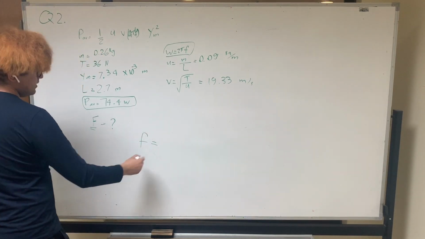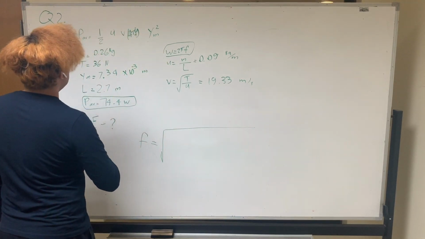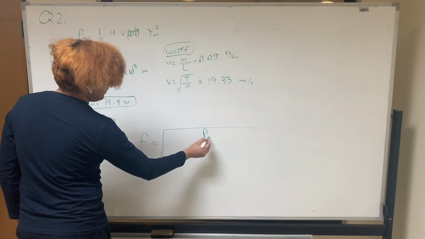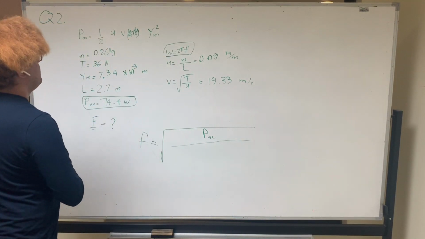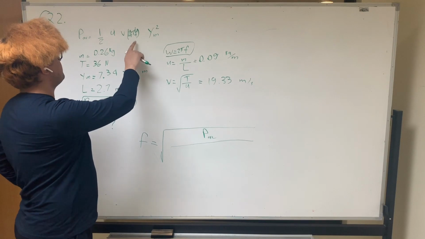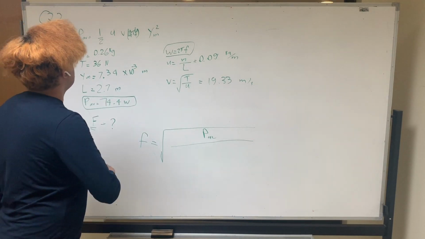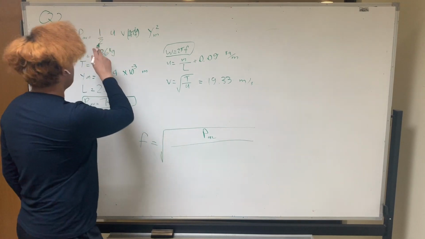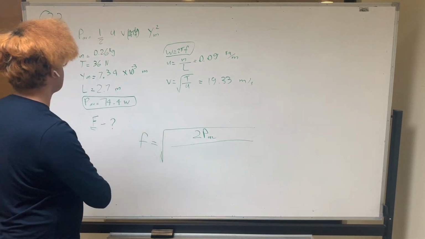And this will be equal to the square root of the average power over everything here except for f. Okay, so there is a 1/2 here, so we have to multiply the average power by 2.